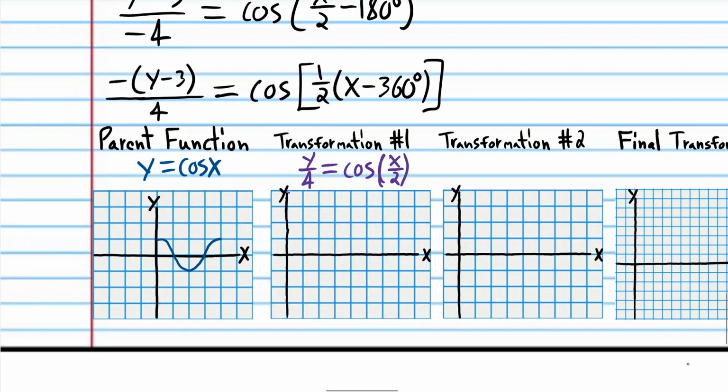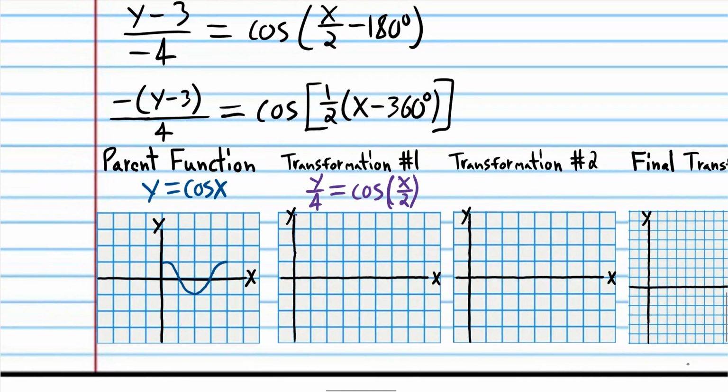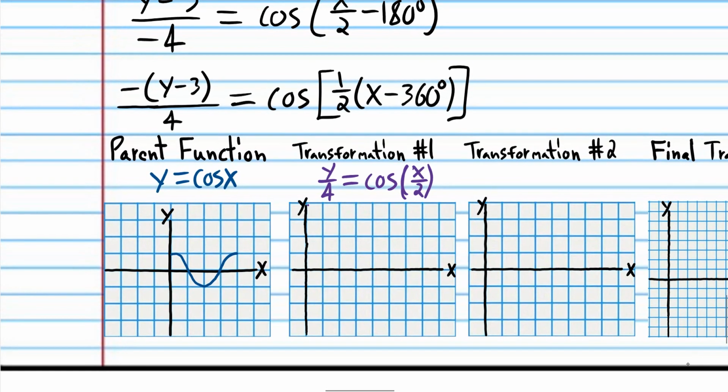So we're going to do 2 transformations at the same time, a vertical stretch and a horizontal stretch. They're stretches because we're dividing in both cases. Before we were multiplying x, so it was a compression. This is still a stretch. We're doing stretches vertically in the other problems also.